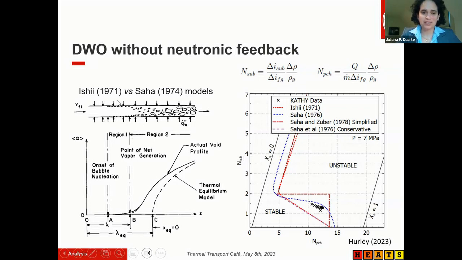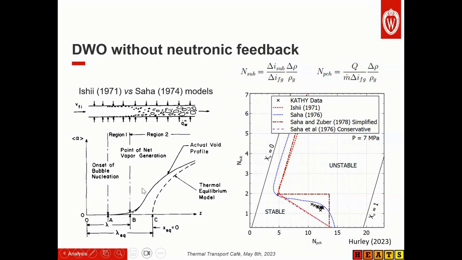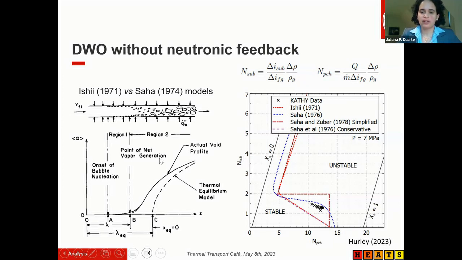Yes, this is from a publication, just to exemplify the difference between the two regimes. But when we did the drift flux model, we used the annular flow to calculate the void fraction. So we also modified their models a little bit.